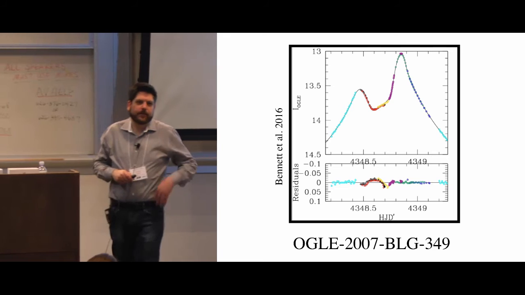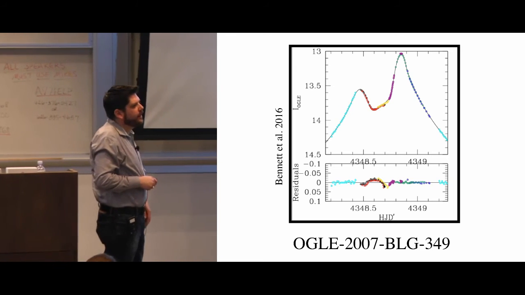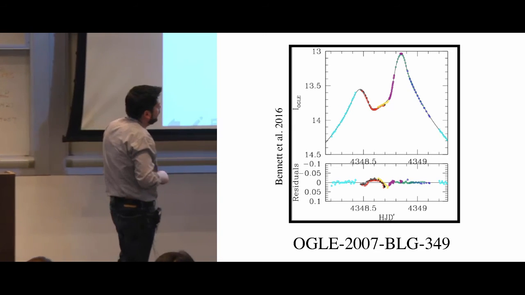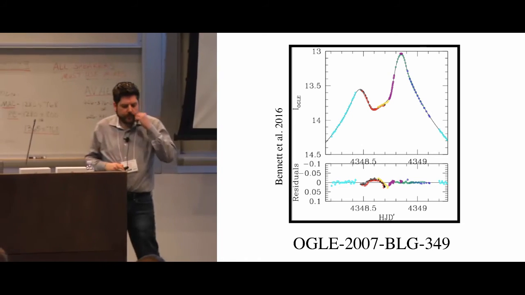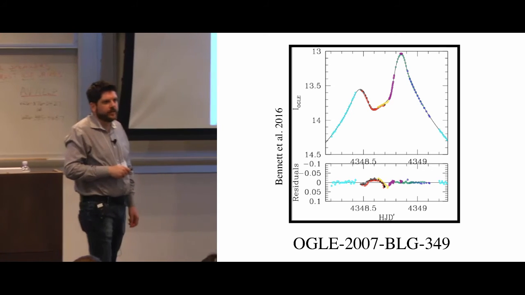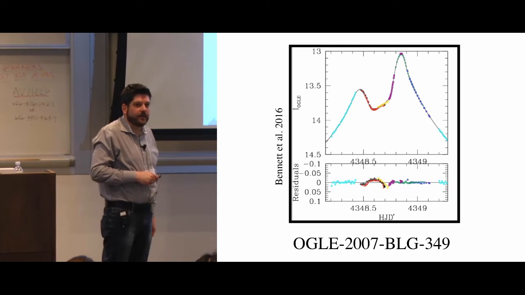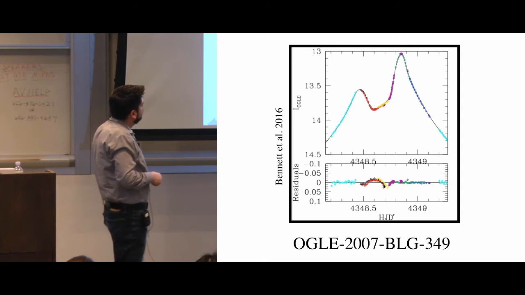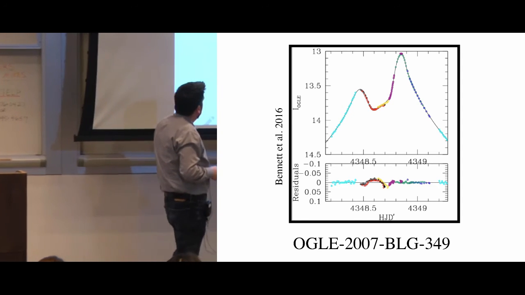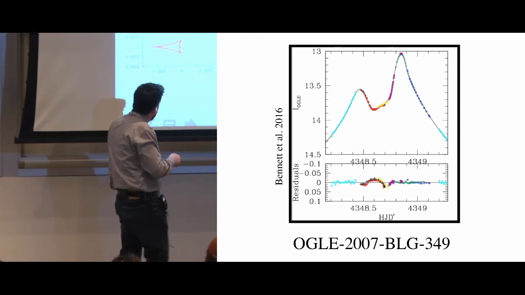Now that is another rule which I haven't told you, which is that if you have a third body in your system, then that third body typically reveals itself near the peak of an event when you're closest to the primary. All right, so let's go back to a central caustic.